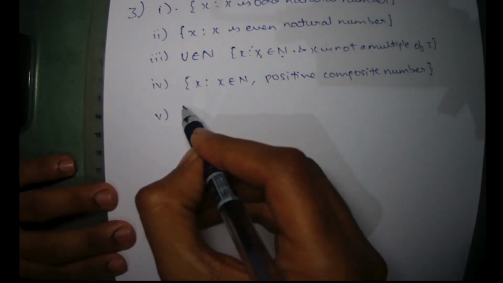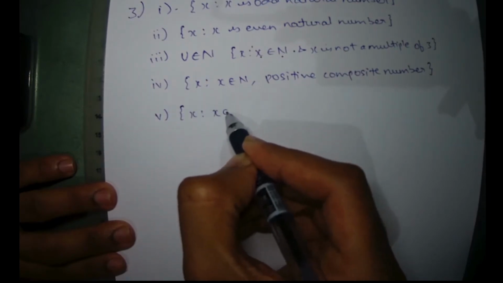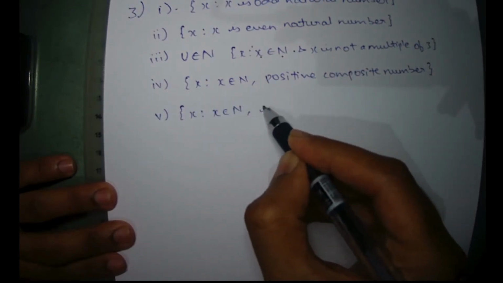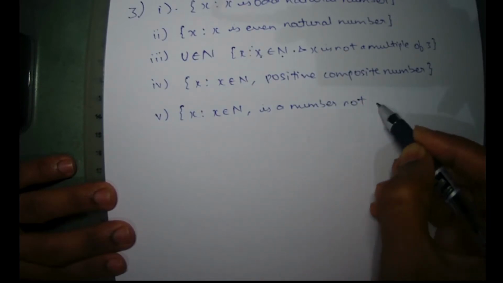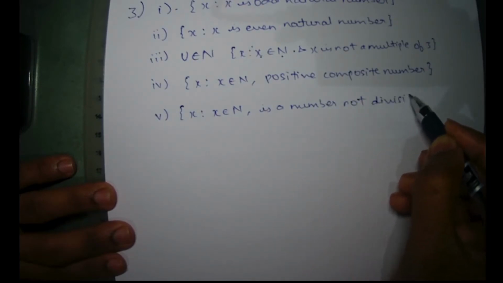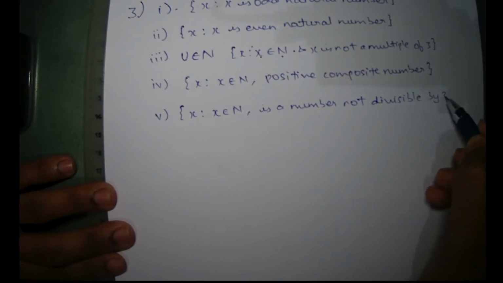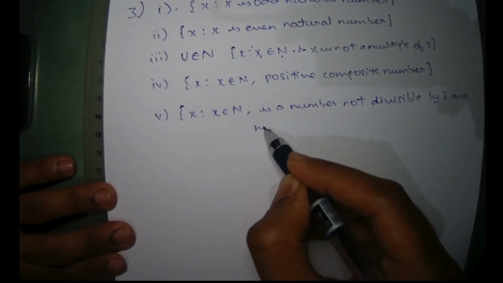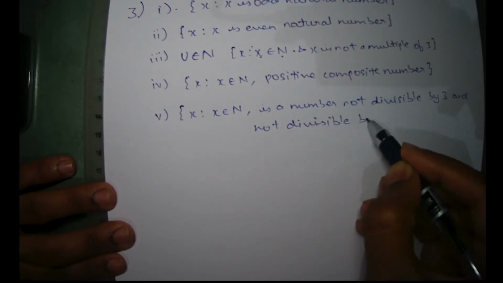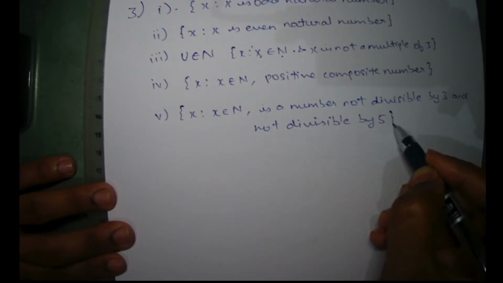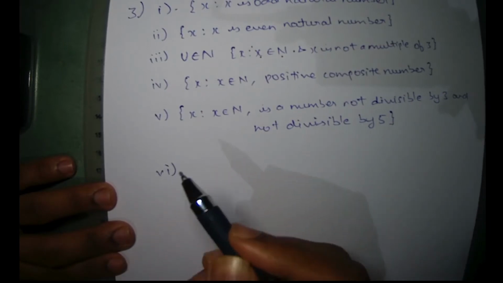So again here it will be X, where X belongs to N, is a number not divisible by 3 and not divisible by 5. So this is the answer for the fifth question.